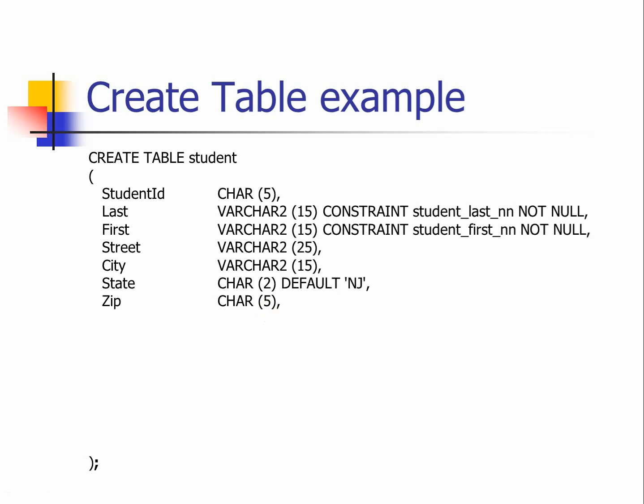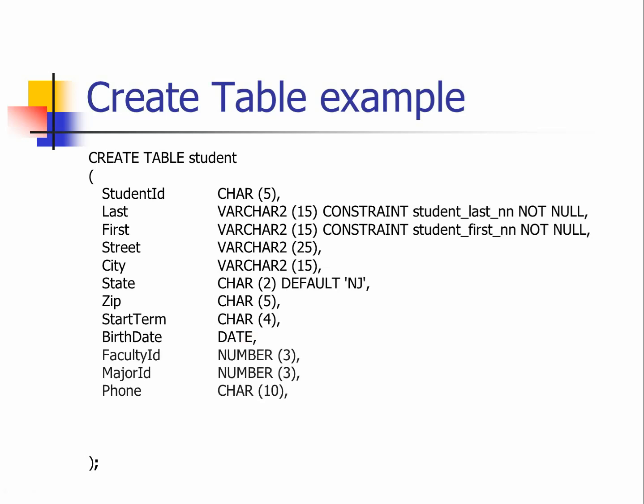After that has been defined, we can define some other things, like start term and birth date. You can see the birth date is using a DATE data type to indicate the type of the date. Because date is pretty common, you don't need to specify anything else, as Oracle will take care of that for you, and some other information that we can add.